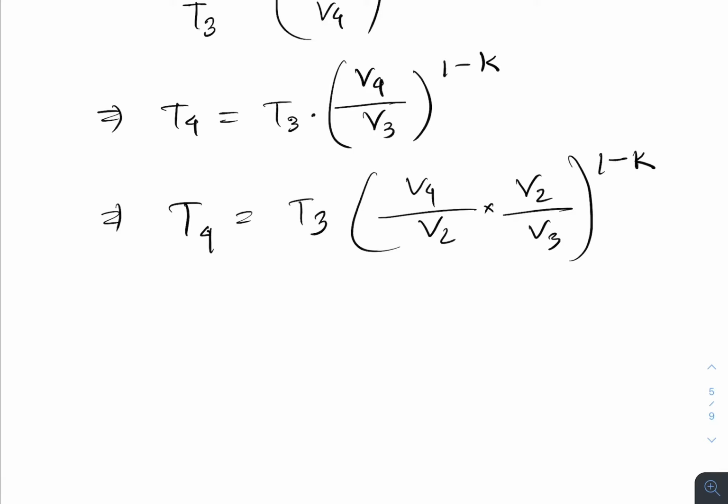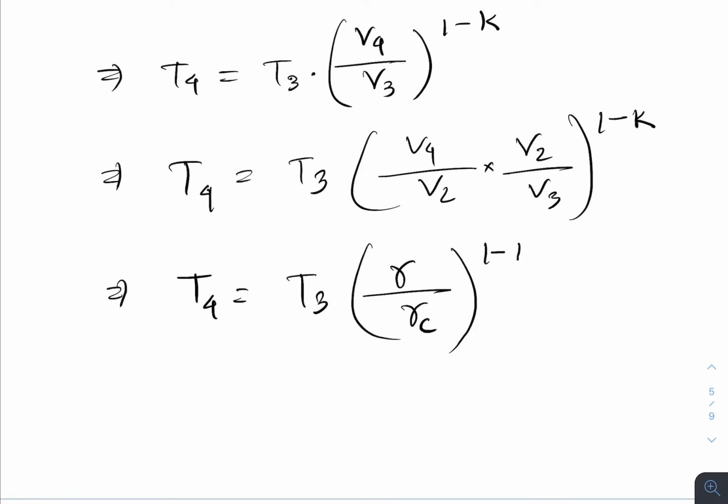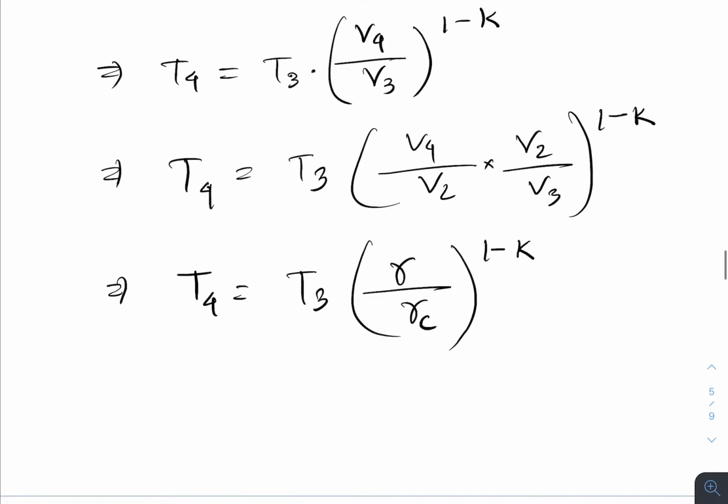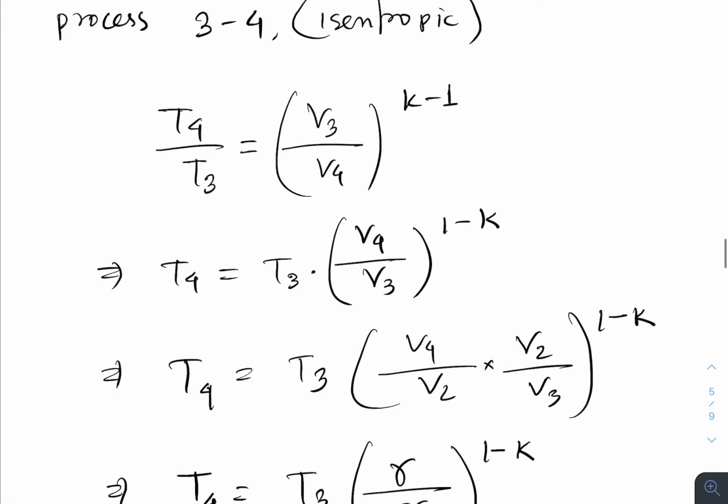We know V2 over V3 is nothing but the RC. If we write it in terms of compression ratio and cutoff ratio, it becomes T3 times R over RC to the power 1 minus K.